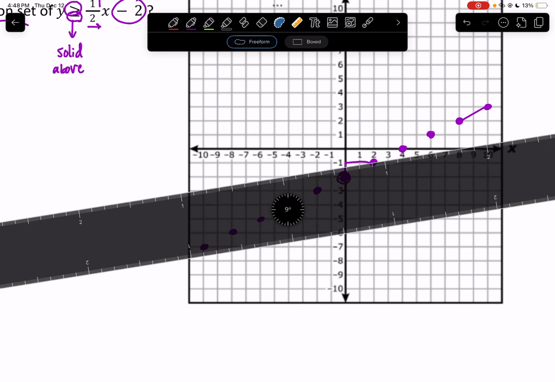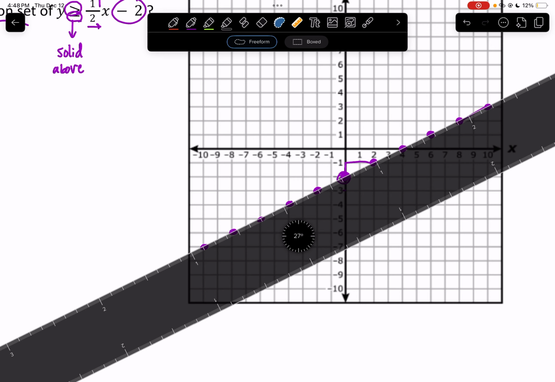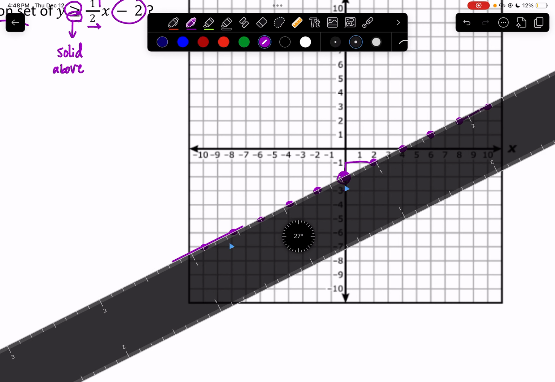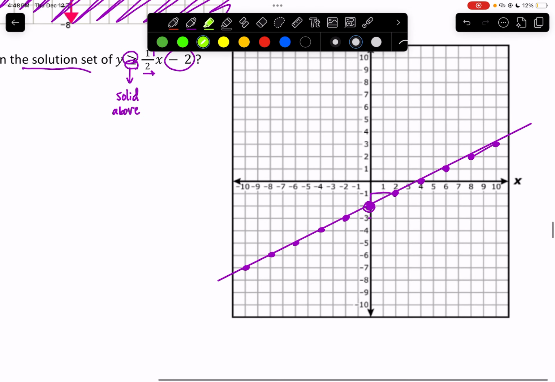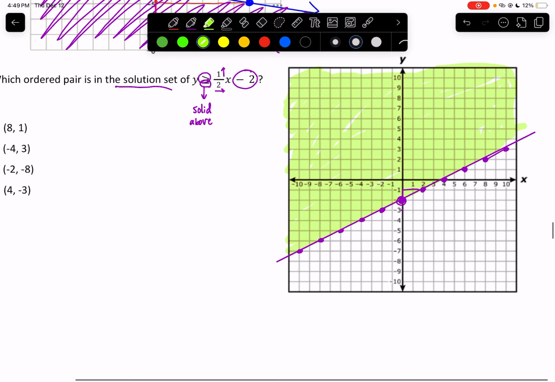Now I'm going to connect my points with a solid line. Then I'm going to shade above that boundary, this way up here. So my solution region is on the line and above the line. Anything in there will be a solution.